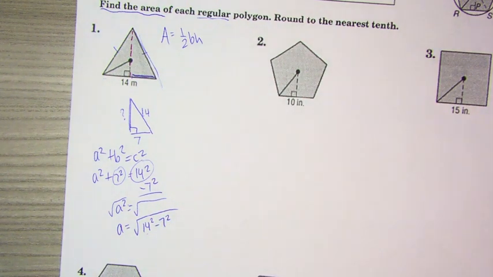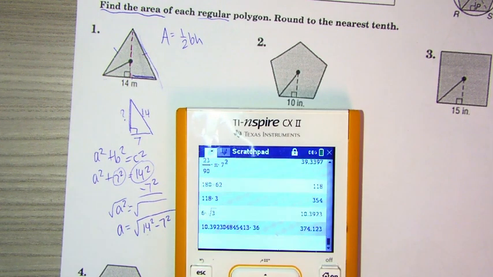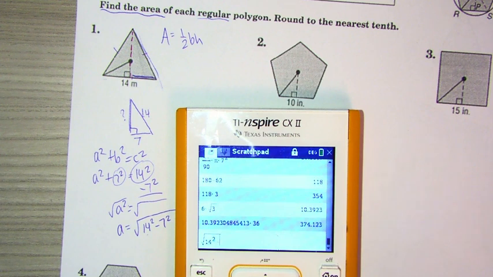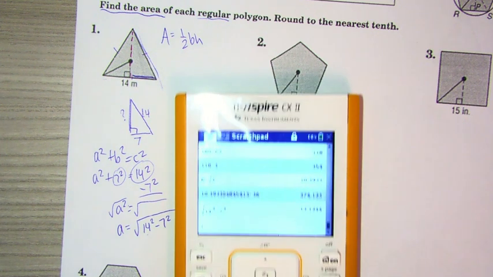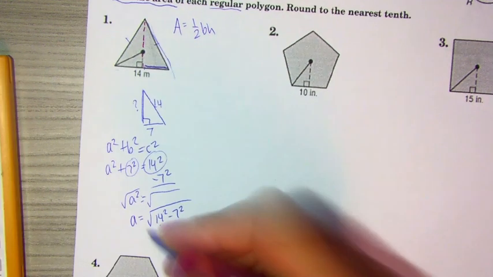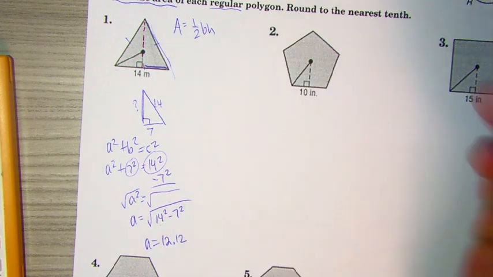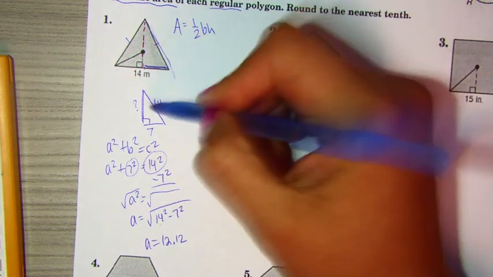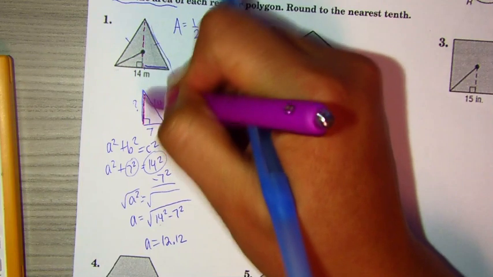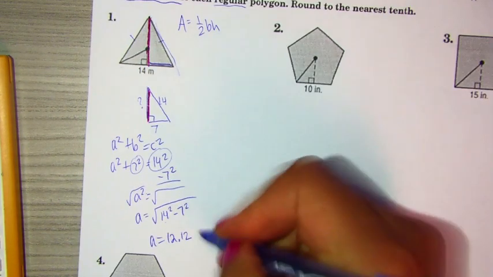And then just type it all in one step. So square root of 14 squared minus 7 squared, and the answer is 12.12. So a equals 12.12. All that work was just to find the height for this middle part of the triangle.